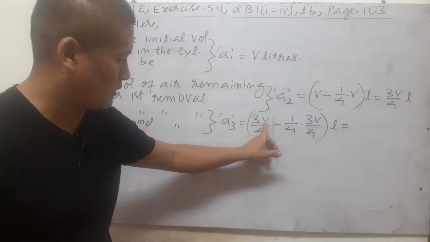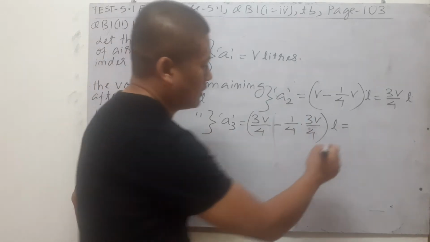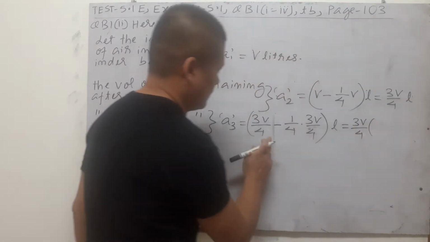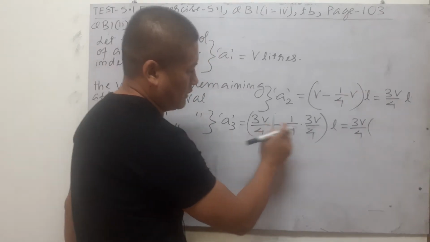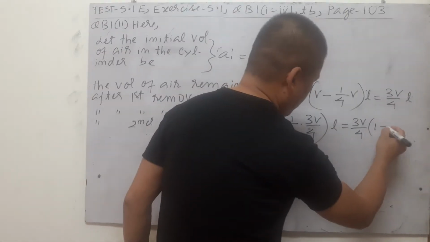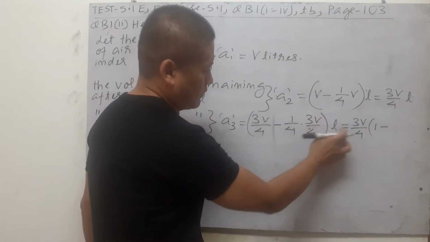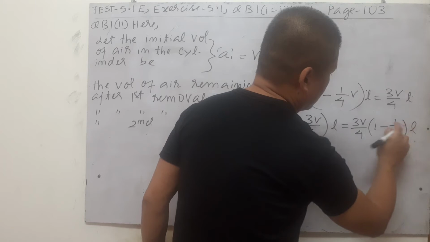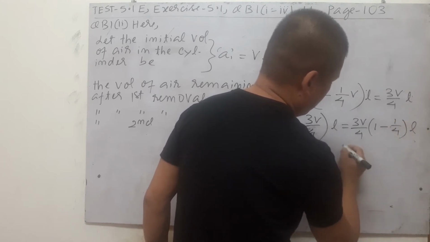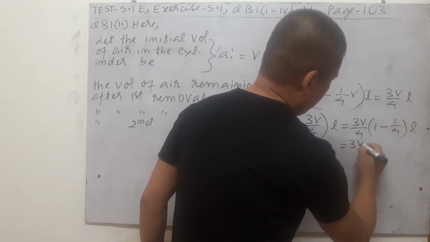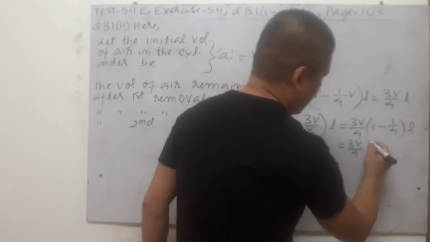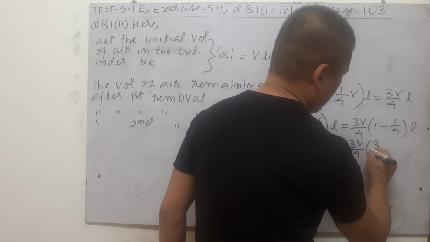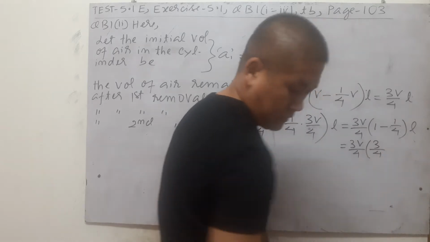3V/4 is common. See here, 3V/4, so we can take that out. 3V/4 into 1 is 3V/4, minus 3V/4 out of the bracket into 1/4, this much liter. So that will be equal to 3V/4 into (4 ones are 4, minus 1) is 3/4.